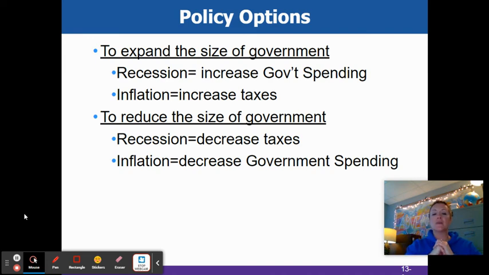So the first policy option would be to expand the size of the government. In this case, the political party that subscribes to this viewpoint believes that the government is best equipped to solve economic problems and that they can do so by using effective policy. So a political party that wants to expand the size of the government will take the following actions. In a recession, they will increase government spending.